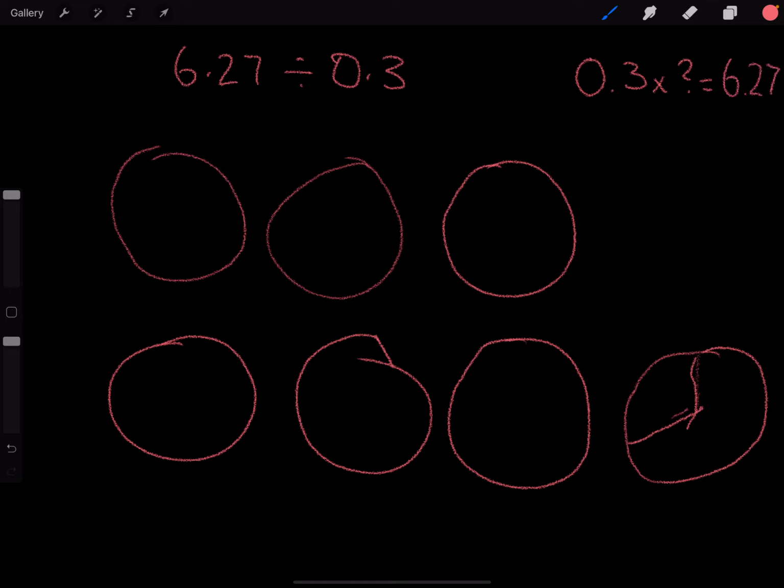Okay, so basically, these two number sentences equal whatever. These two number sentences, they mean the same thing, don't they? Yes. They're equivalent. So what are we going to do to work this out?